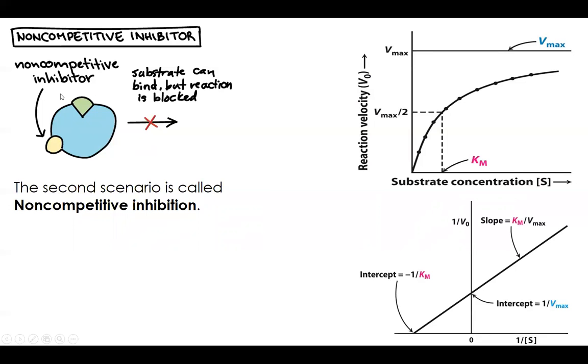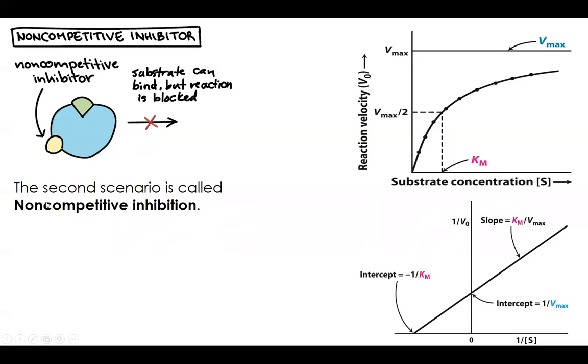Okay, and so the important thing is that this is not competing with the substrate. The substrate can still bind as much as it wants in the active site. What this does is slow the maximum speed. Okay, so this would be like you have a car, you can put as much gas in it as you want, but the speed has slowed down.